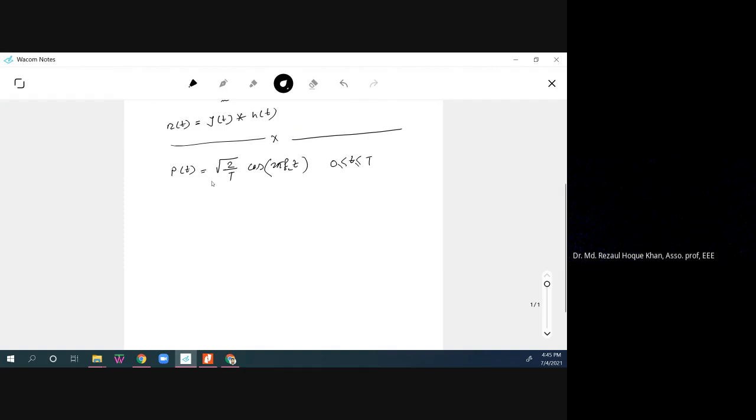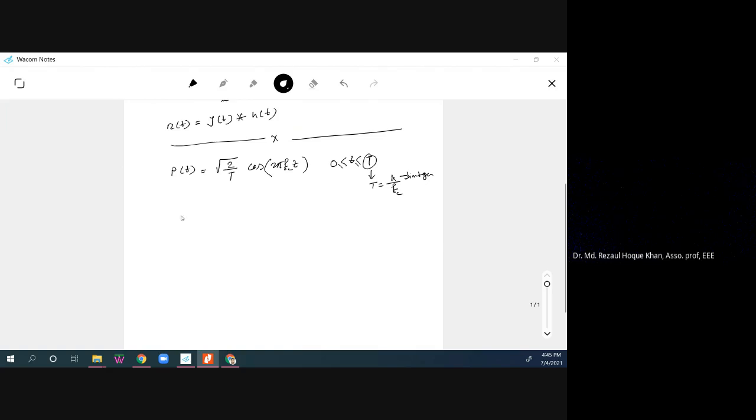T is the symbol duration, where T equals K by Fc, and K is an integer. In our previous cases, the value of K was 2, so 2 cycles appeared in a symbol.